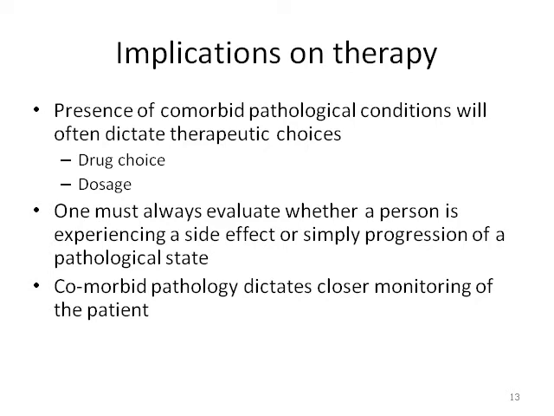And as I've just said a few moments ago, the second bullet point here, we always have to evaluate whether a person is experiencing a side effect or is it simply that their disease is progressing and showing more symptoms. Anytime that you have comorbid pathology, that's going to dictate a much closer monitoring of the patient.